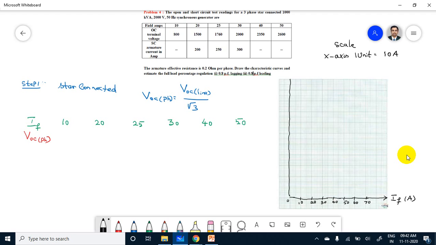This line will be VOC phase. This VOC phase is applicable for open circuit characteristics. Open circuit characteristics.